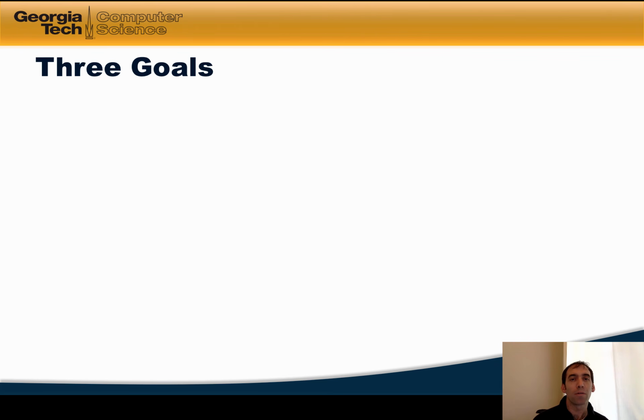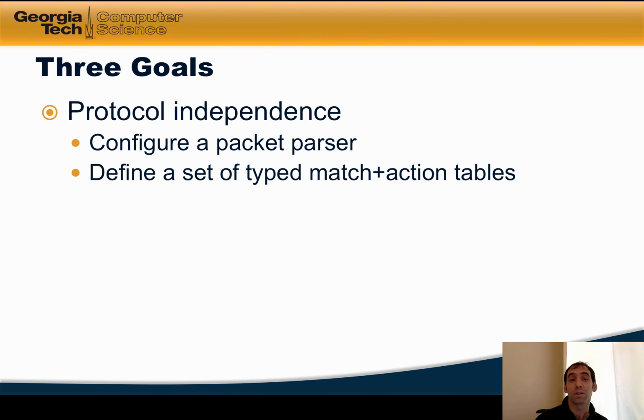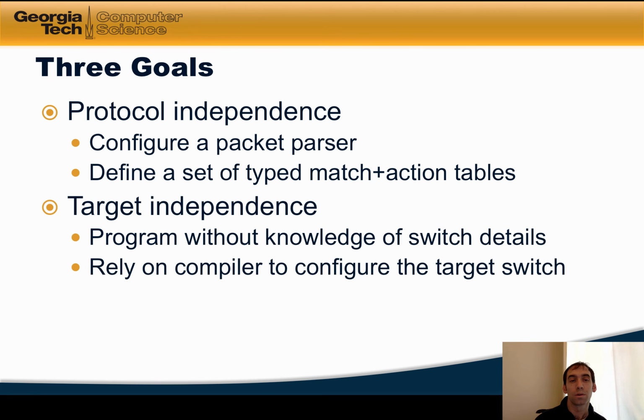The design of a higher level language like P4 has 3 goals. One is protocol independence, so one should be able to configure a packet parser and define a set of typed match action tables independently of any current control plane protocols. The second goal is target independence, which provides the ability to write a program that processes packets without having deep, intricate knowledge of the switch details.